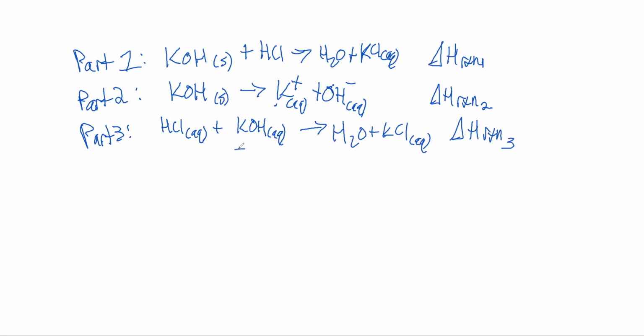So this KOH that's really here is really in ions already. So that's the same as us writing it as K plus. So when we're looking at these reactions, we can kind of see that these two reactions put together look a lot like this one reaction.